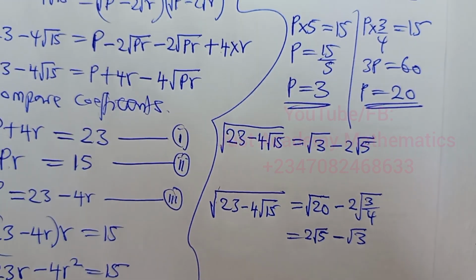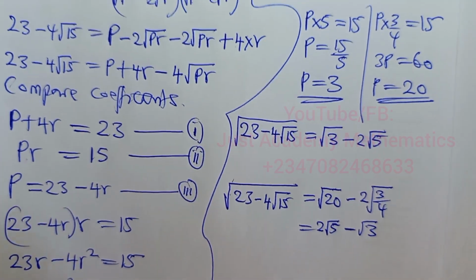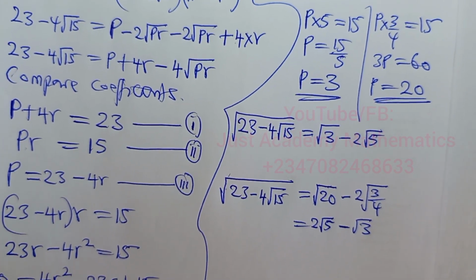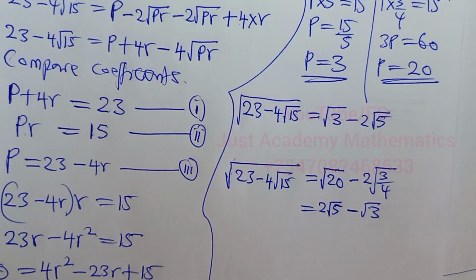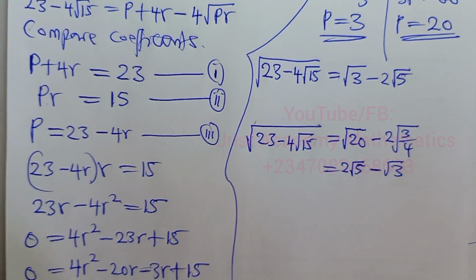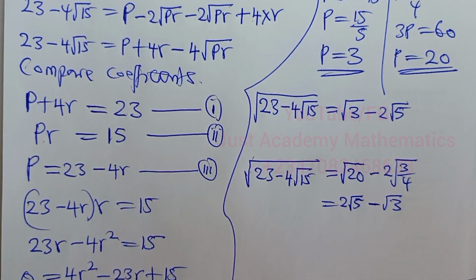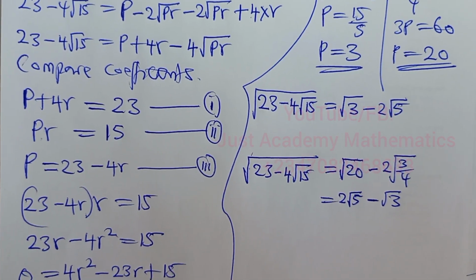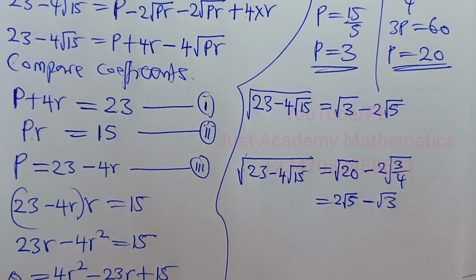So let's check with our calculator and see the one that is giving us the same thing. So we have the square root of, in bracket, 23 minus 4 root 15, bracket close, equals.